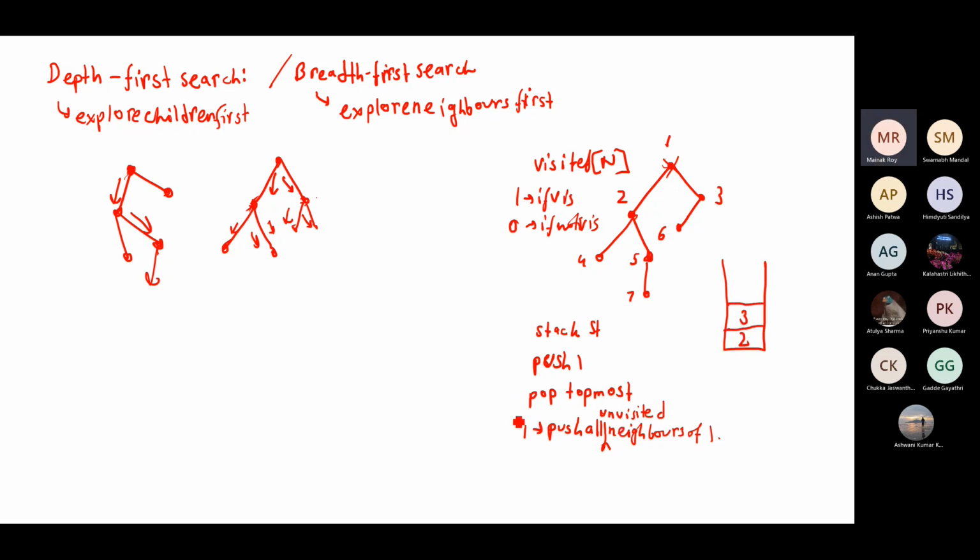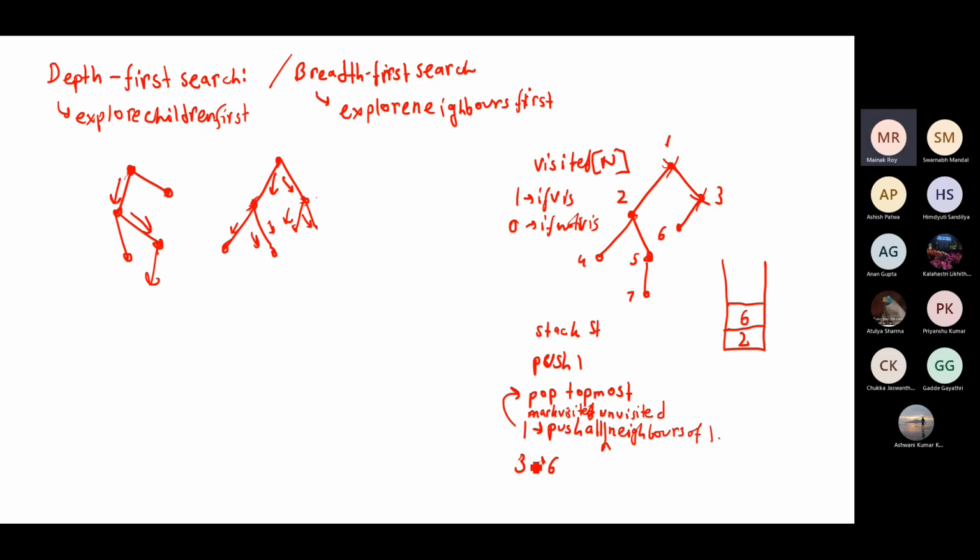Now again, we pop the topmost. So we take 3 out. First of all, we need to mark 3 as visited. So: pop topmost, and then one more step, mark visited, just to prevent coming back to this node again in the future.